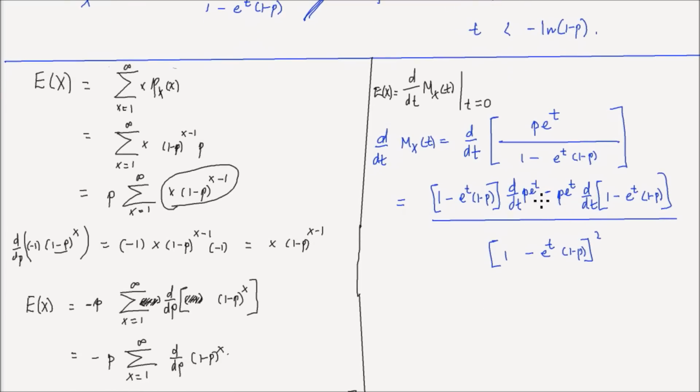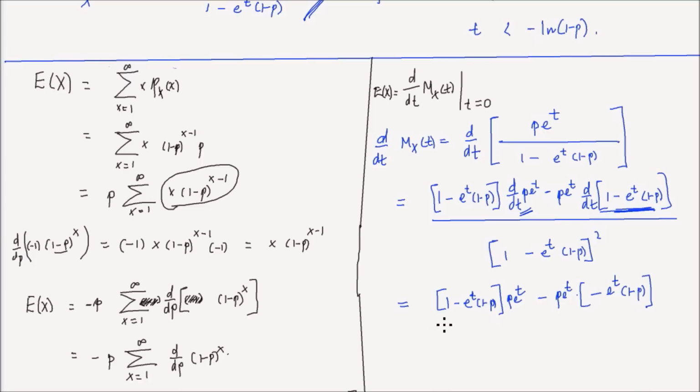Okay, now let's go ahead and take those derivatives, that one and that one. So we have 1 minus e to the t times 1 minus p multiplied by the derivative of p times e to the t with respect to t, which is simply p times e to the power of t, minus p times e to the t multiplied by the derivative with respect to t of that expression, which is minus e to the t times 1 minus p.